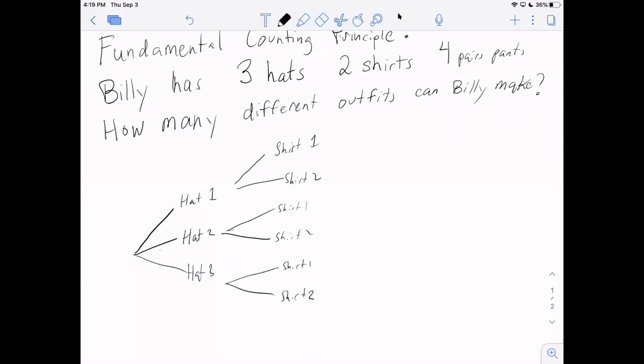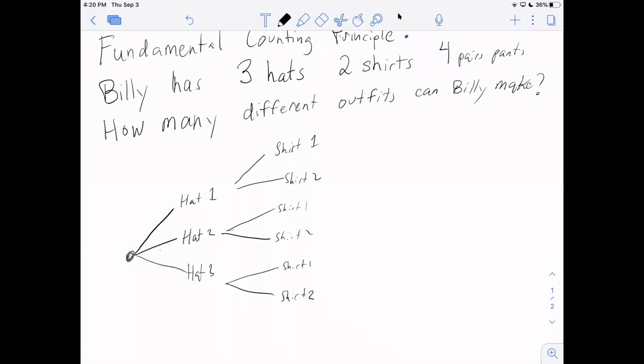And so the way to interpret this tree so far is that we have 6 total branches, and a branch is something that starts from the very root of the tree and goes all the way to the end. So there's 6 different ways to get from the root all the way to the end. And each entire branch represents a different hat and shirt configuration you can put on.